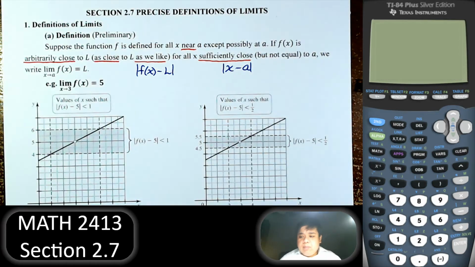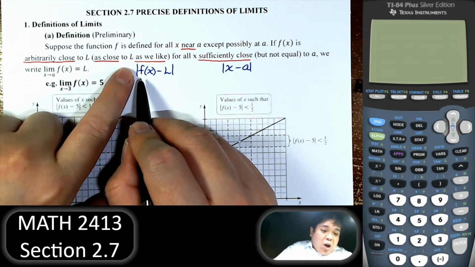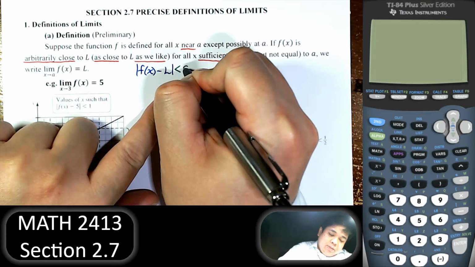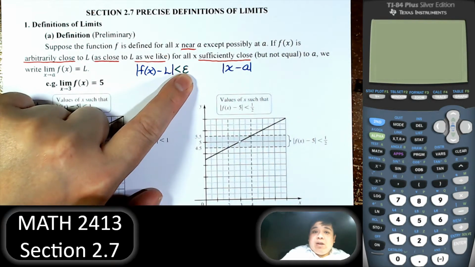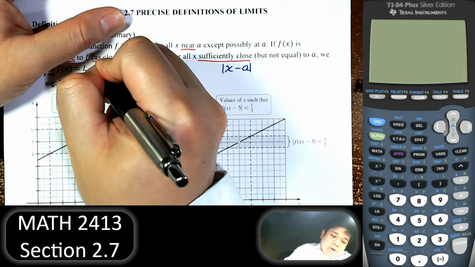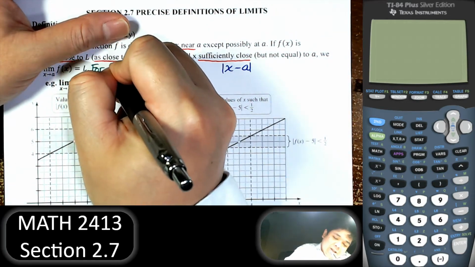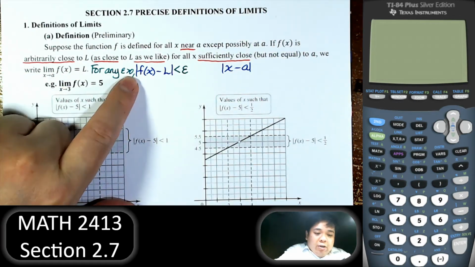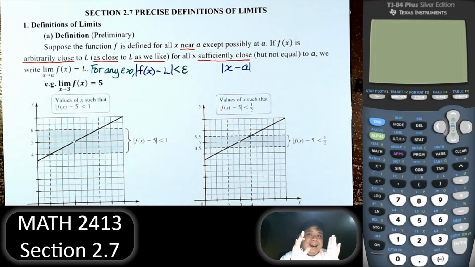So the way we write the definition is, we say f(x) and L are as close as we like. So we can say the distance between them can be made less than a very small number, let's say epsilon. For any positive epsilon, we can make the distance between them less than that number.